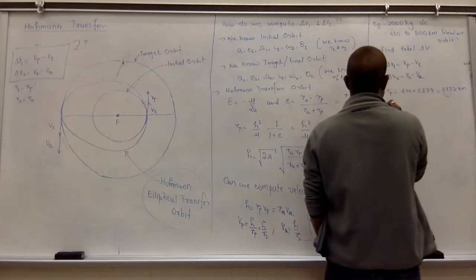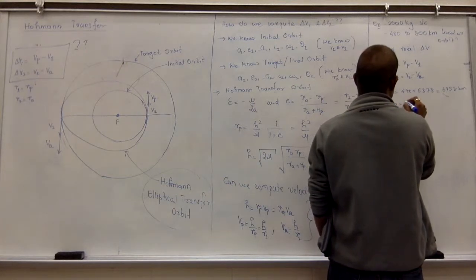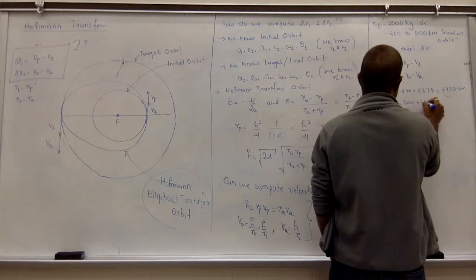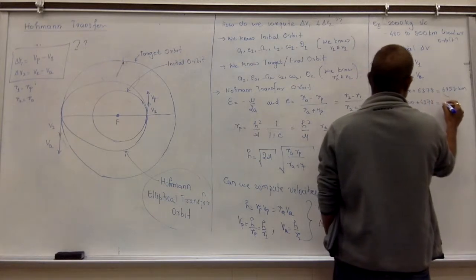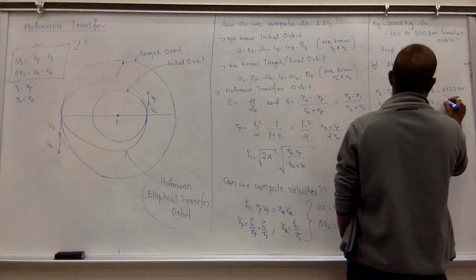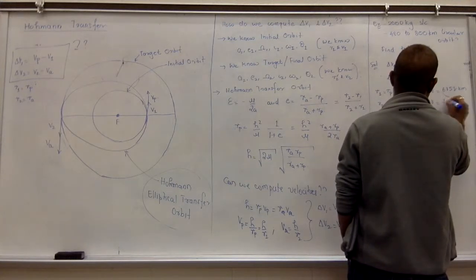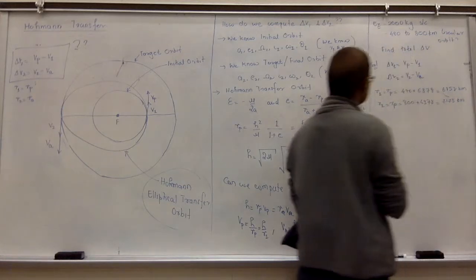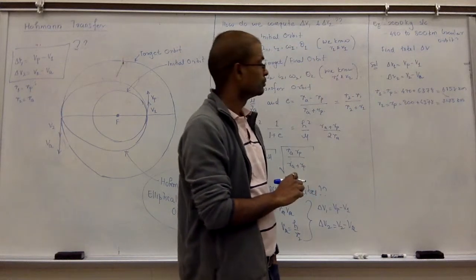And R2 equal to RA is 800 plus 6378, which is 7178 kilometers.